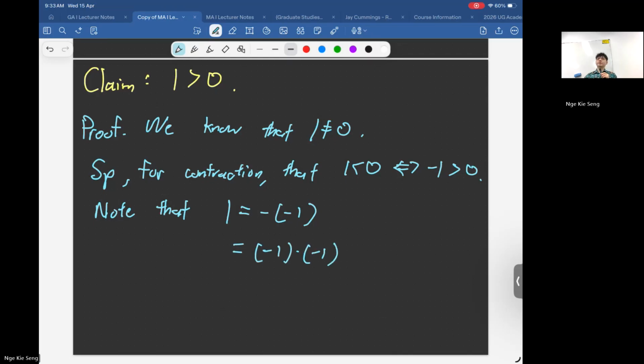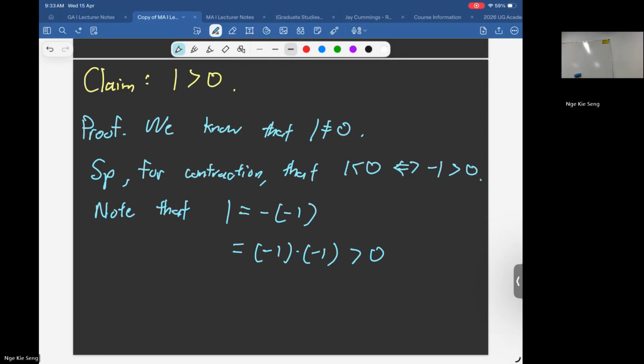But minus 1 is greater than 0, and two positive numbers multiplied together still give a positive number, by closure of positivity under multiplication. So this is greater than 0.